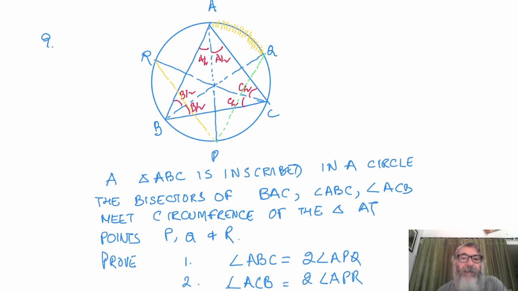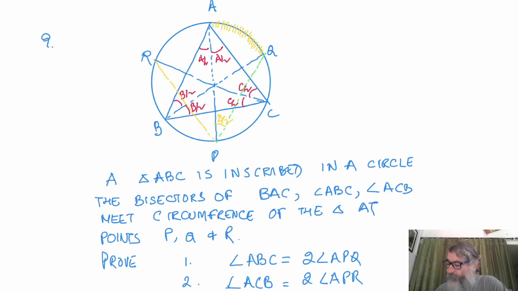This arc AQ subtends angle ABQ as well as angle APQ. So both these angles are going to be equal. Both these angles are going to be B by 2. What do we have to say? ABC is double of APQ.